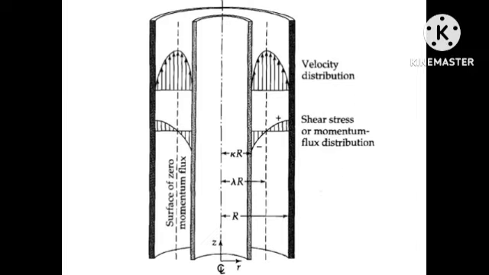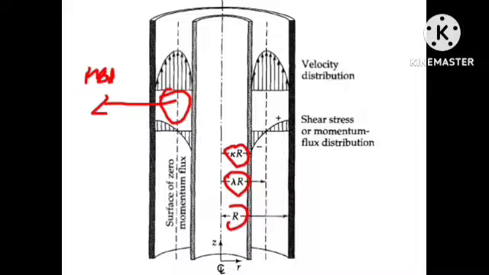Now the main important thing is the velocity distribution. We have already discussed it. KR, R is called the momentum distribution.